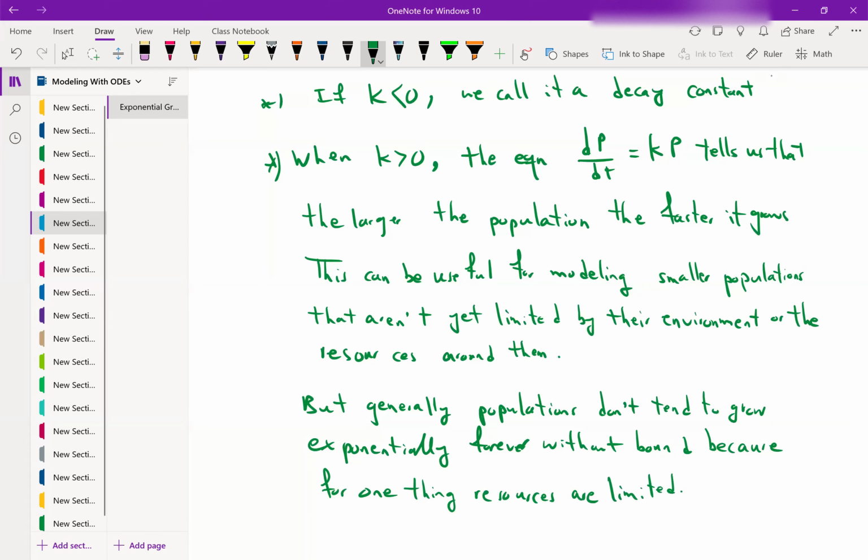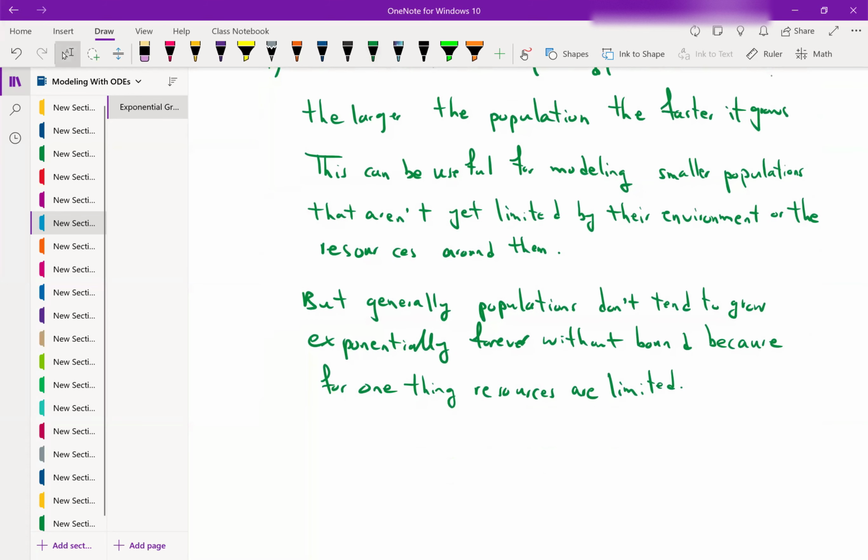Later, in a different video, I will talk about a maybe more accurate model, which is called the logistic model. I will introduce the logistic equation.